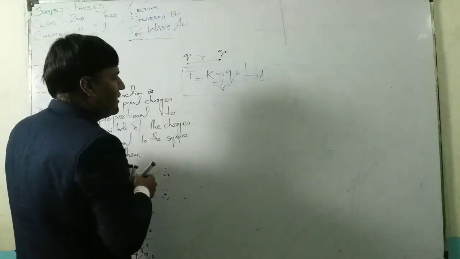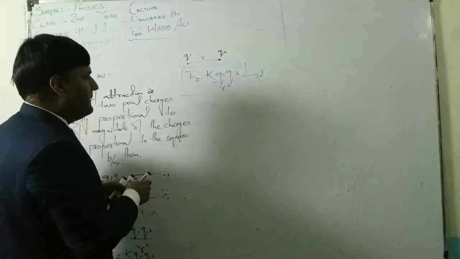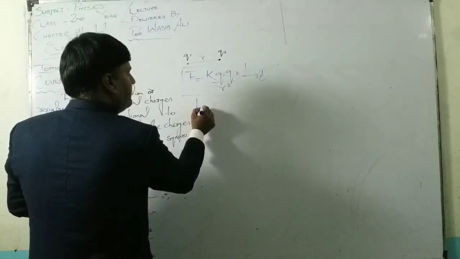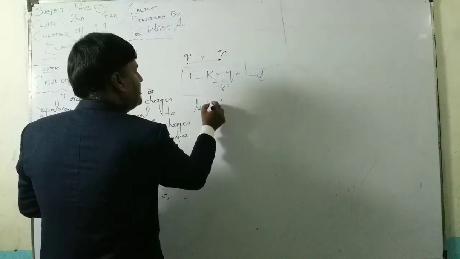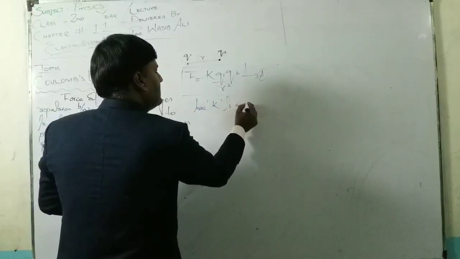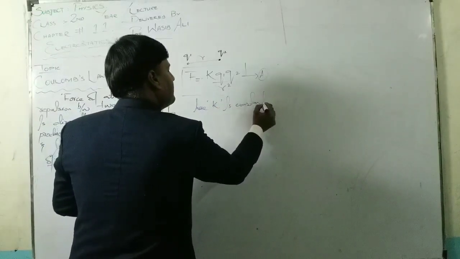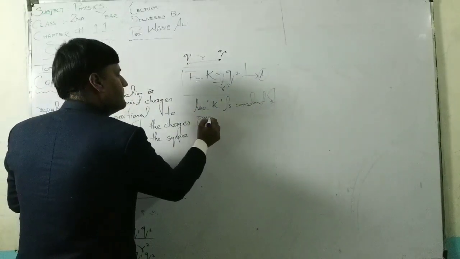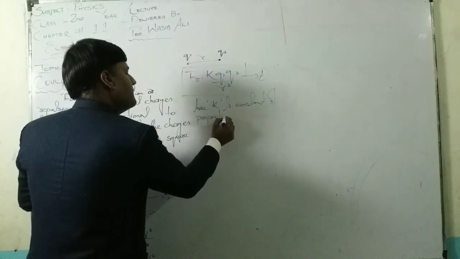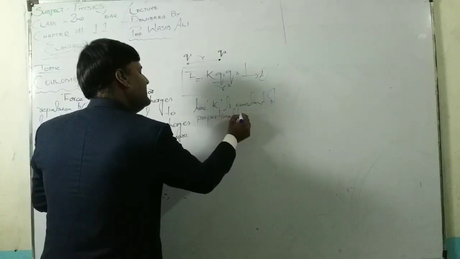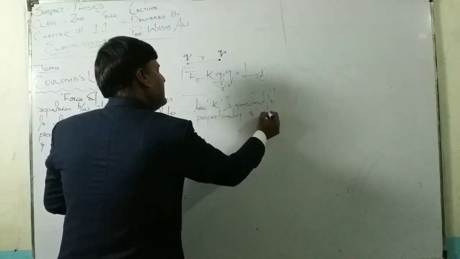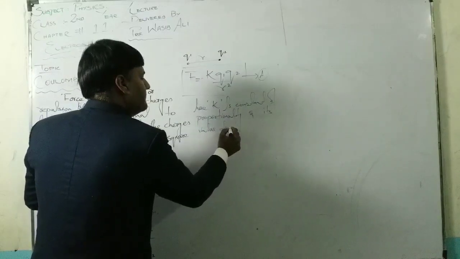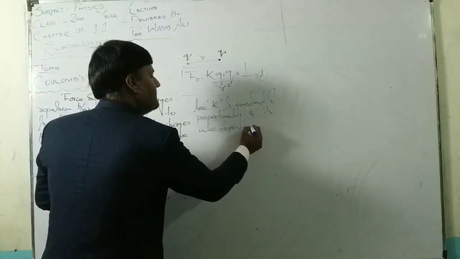So here K is the constant of proportionality, and its value depends on what?